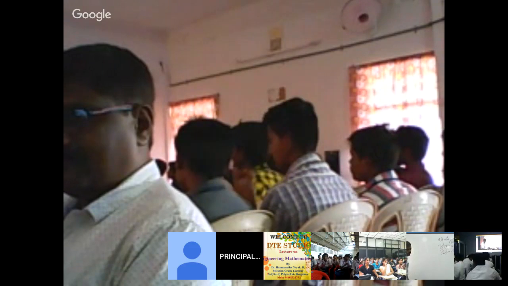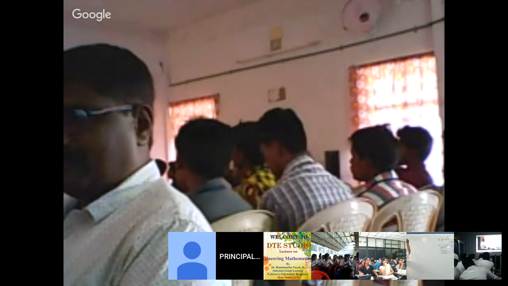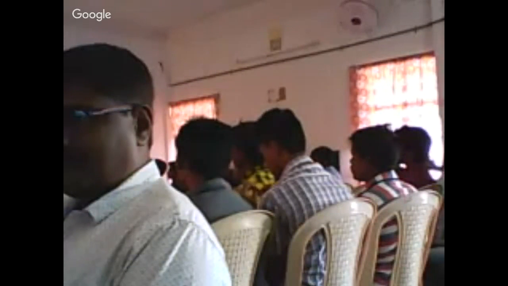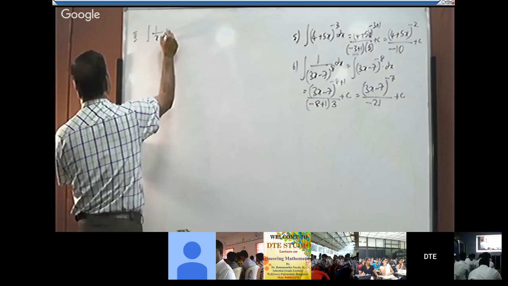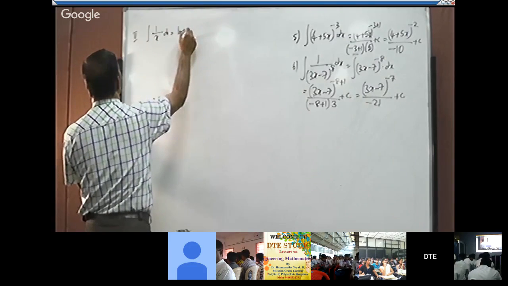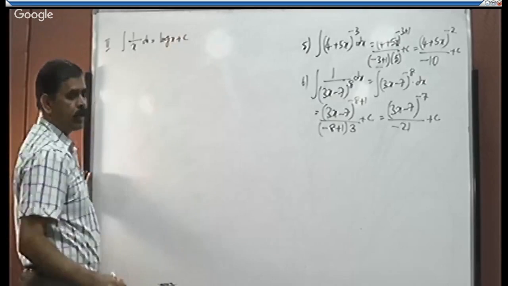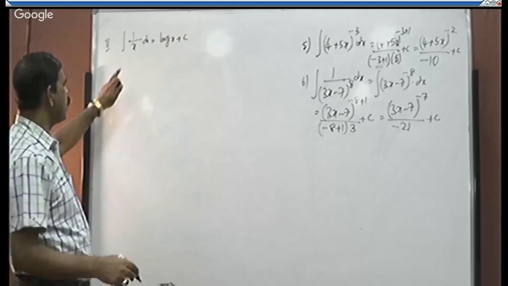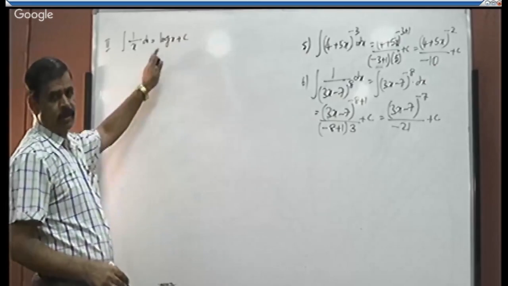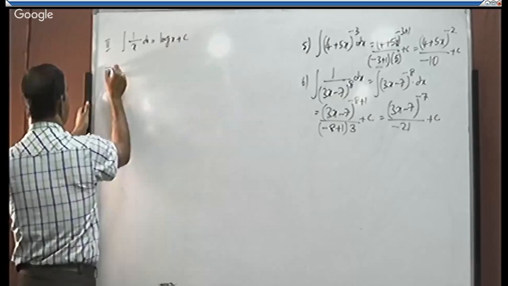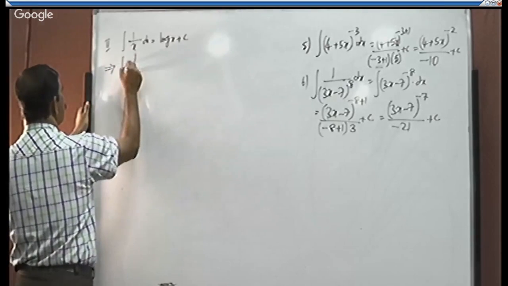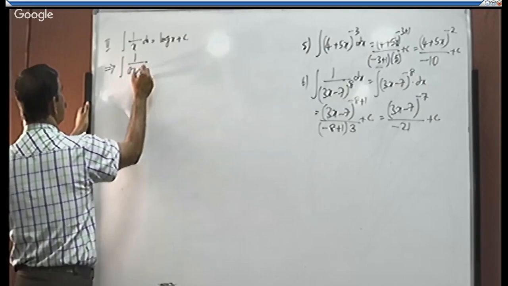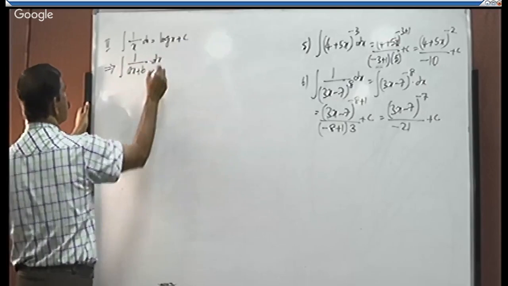Next, second one. As we know, integration of 1 by x is equal to log x plus c, correct? Here also you change x to ax plus b on both sides. The equivalent standard form is integration of 1 divided by ax plus b dx.